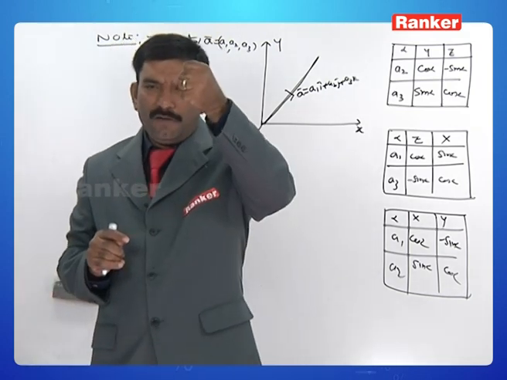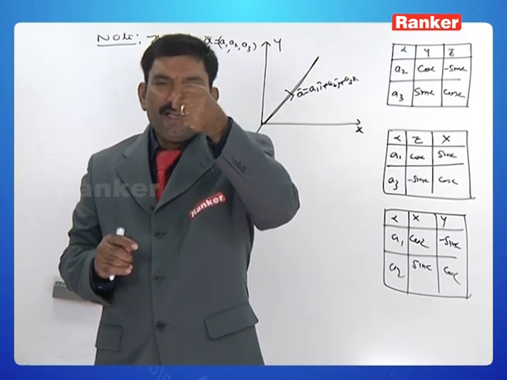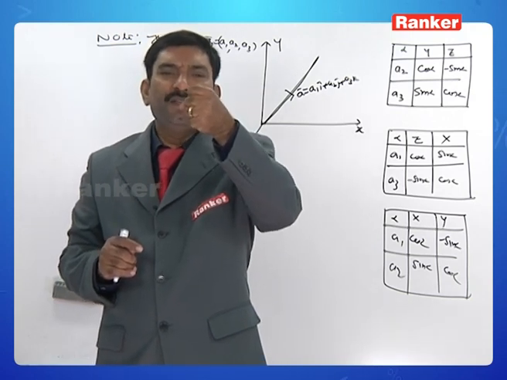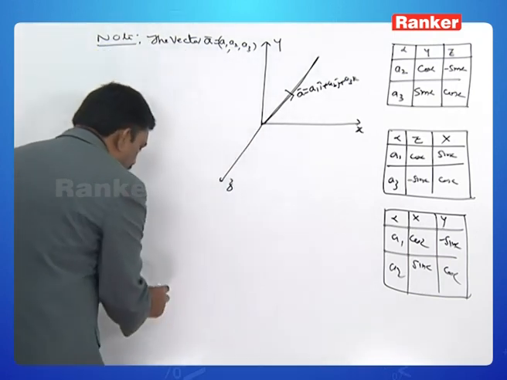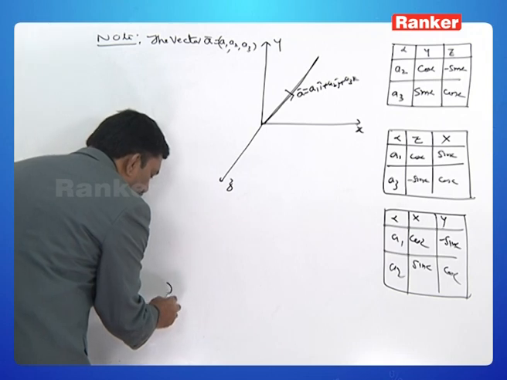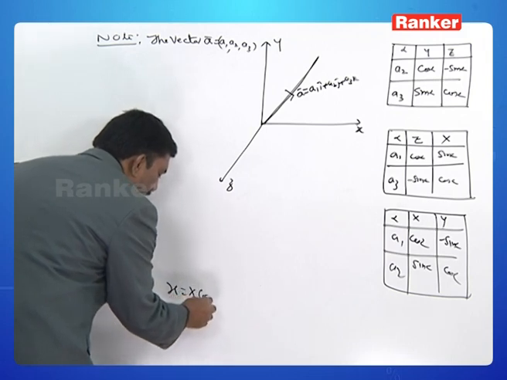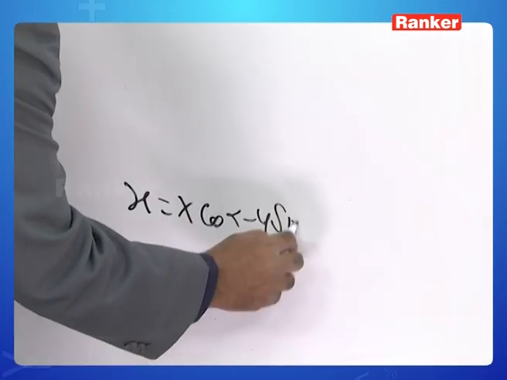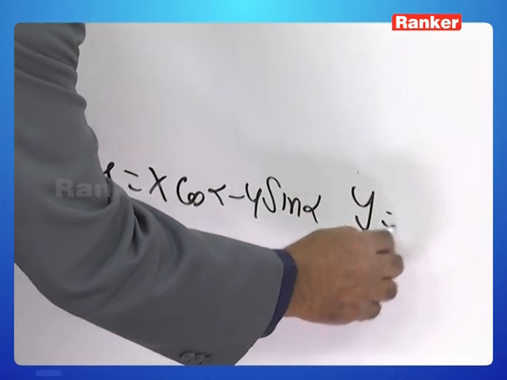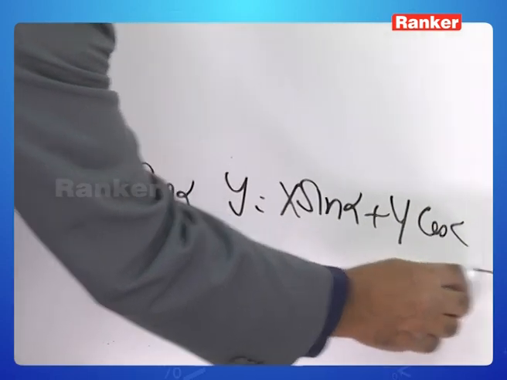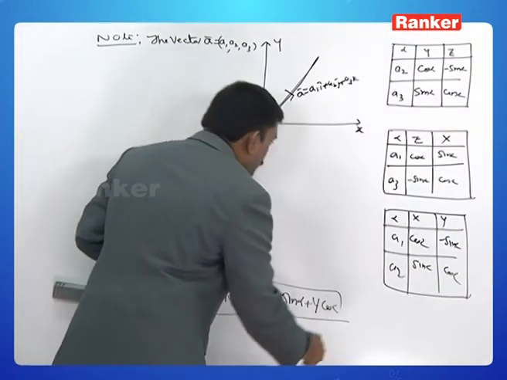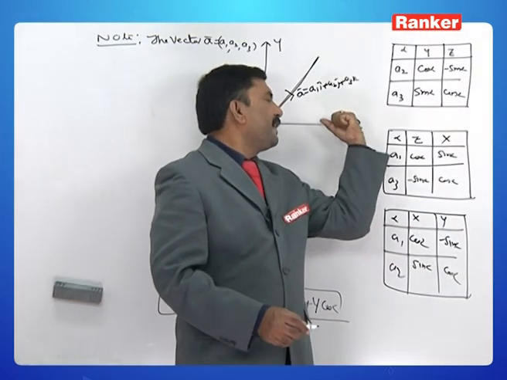So therefore, in your hand there is the x-axis. I wrote here already, by using rotation of axis, small x is equal to x cos alpha minus y sin alpha, small y is equal to x sin alpha plus y cos alpha.